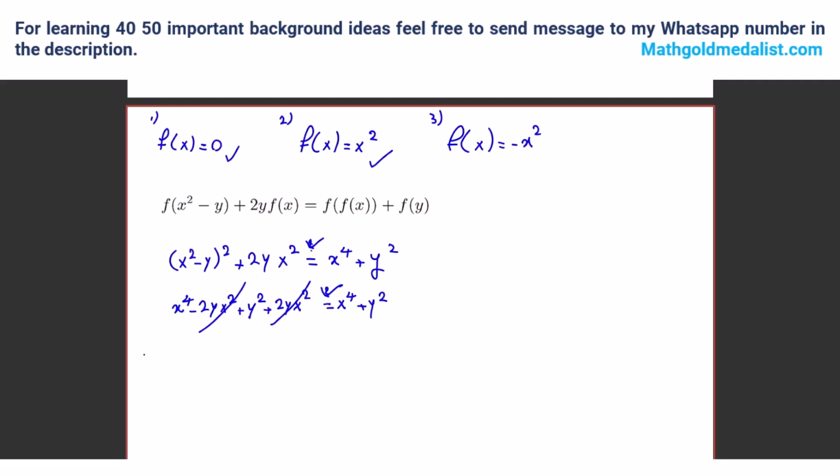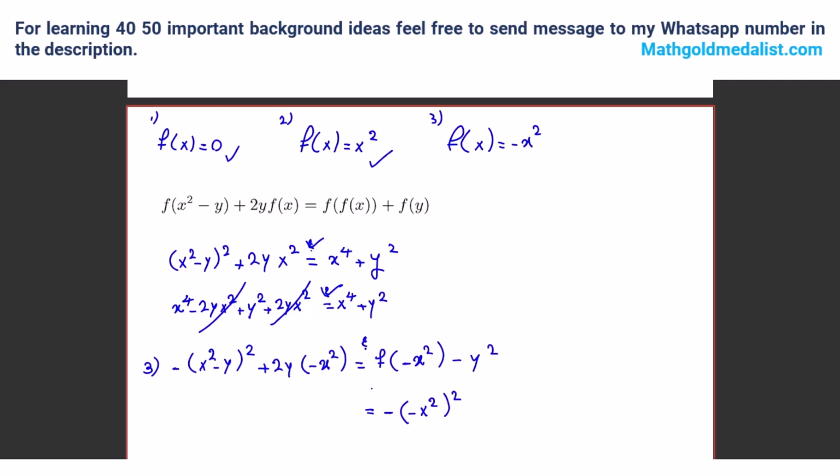Let's check the third one. For the third one, we say what? It is equal to negative x squared minus y, whole squared, plus 2y times negative x squared, and this one, it's f of negative x squared plus minus y squared. And this part would be what? Negative this one squared, negative x squared squared.